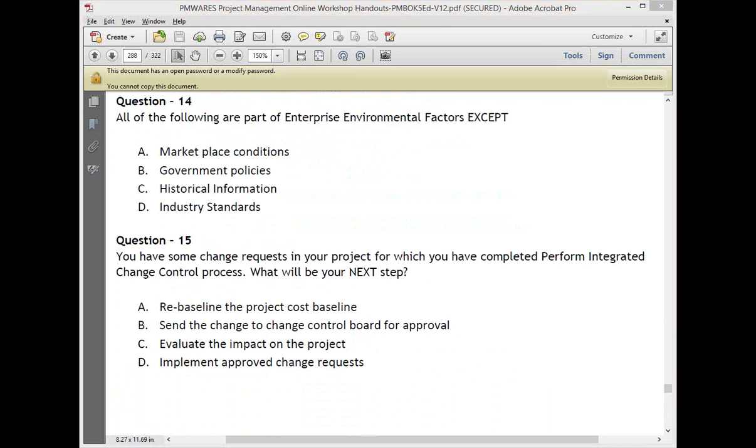Once the integrated change control process is complete, it means the change is accepted, and you just go and implement it.